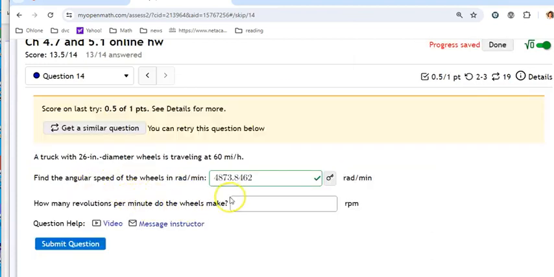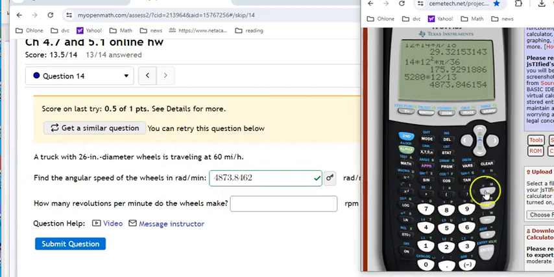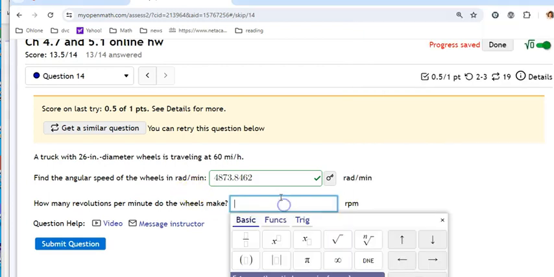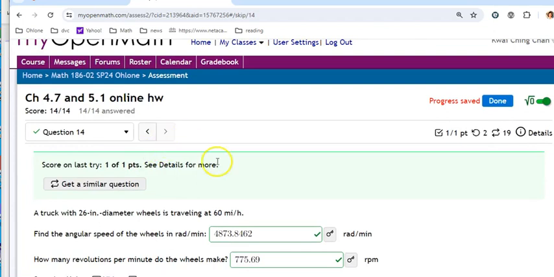Okay, how many revolutions? So then I divide this by 2 pi, right? Because 1 revolution is 2 pi. I should use parentheses: 2 times pi. Close it. 775.69. Okay, so that's it.